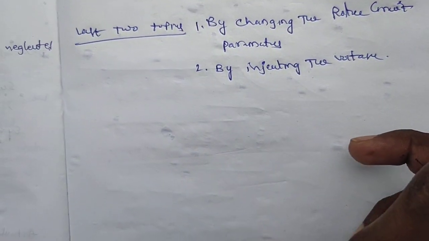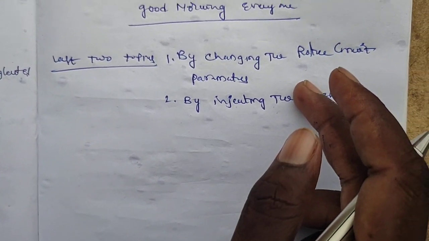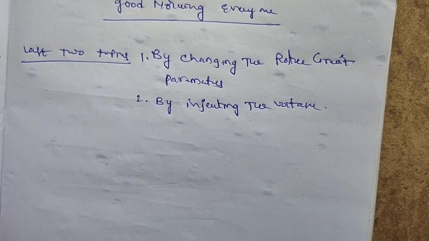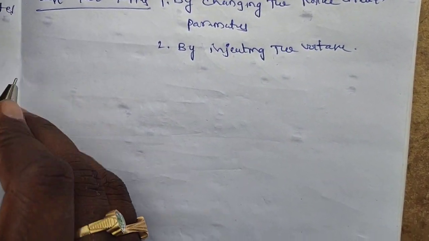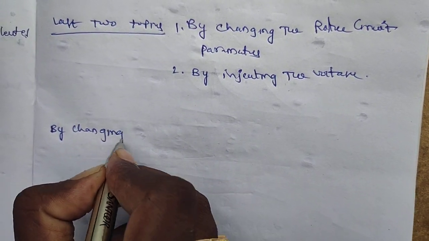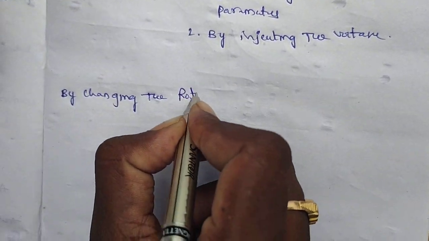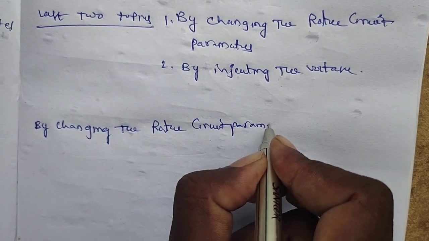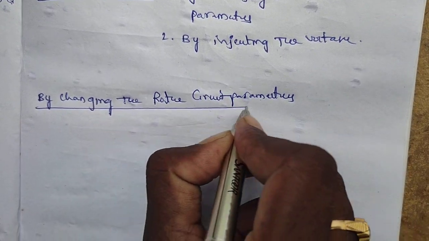These two methods are the speed control of induction motor from the rotor side.